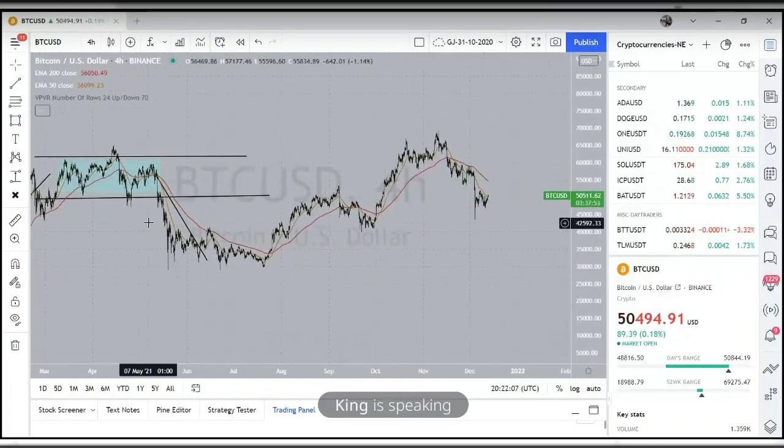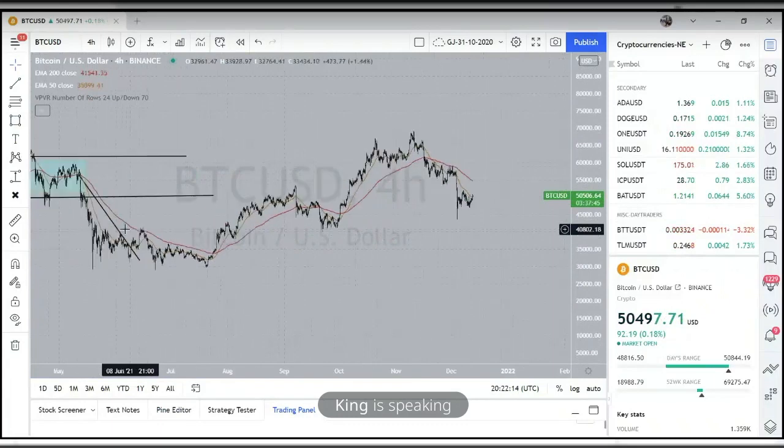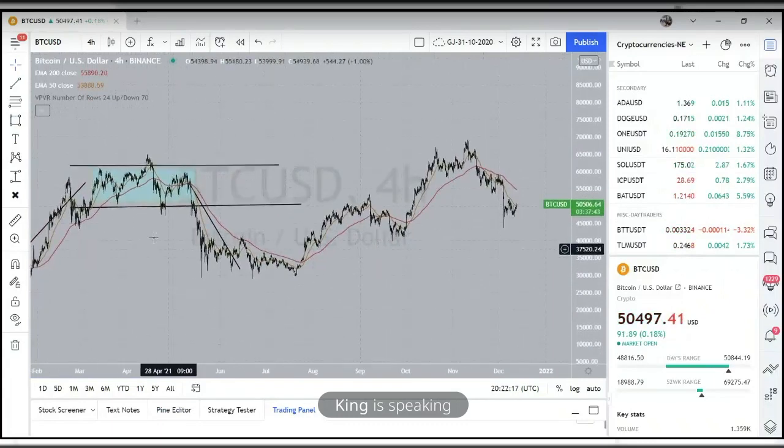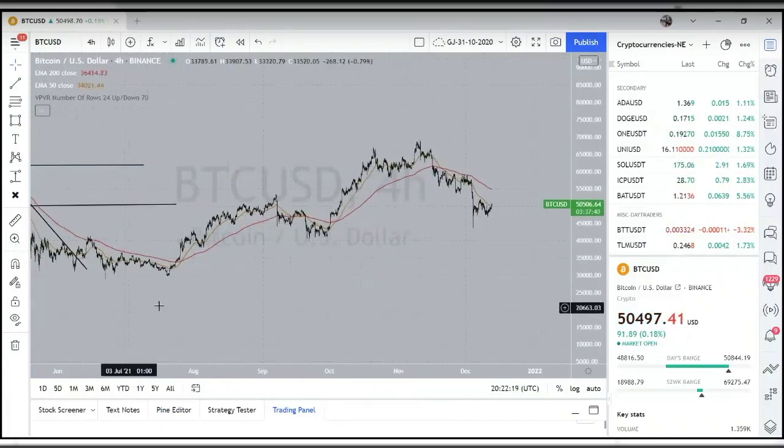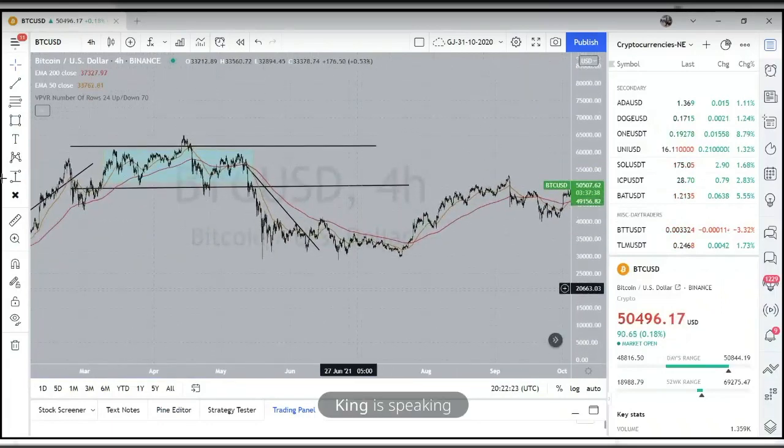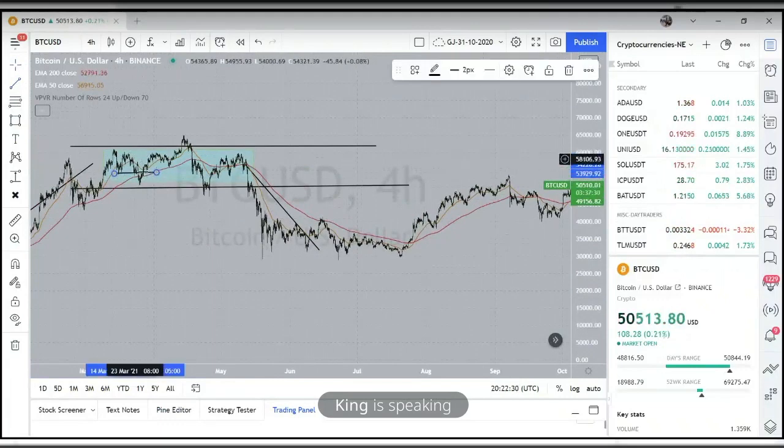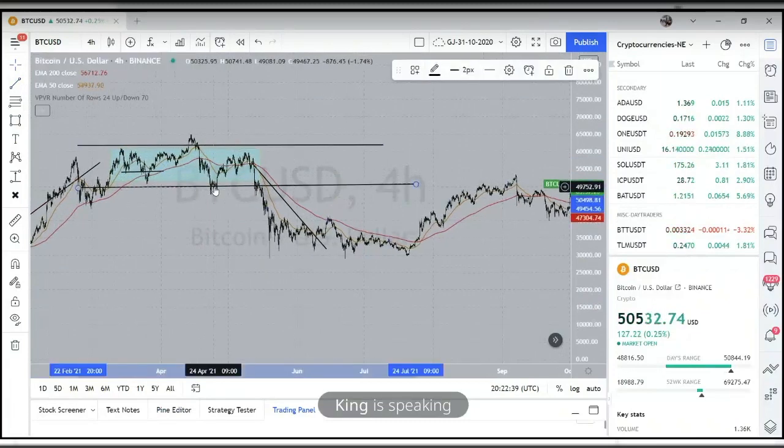And if you're on a 4 hour, and we're just looking at this range of price here, you can see you get a break of structure here. So the trend is broken here. It returns back above and makes a new high, but then we get another breakdown here, just around 50k.